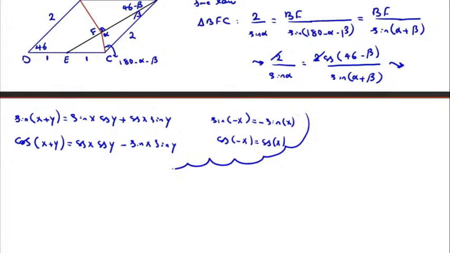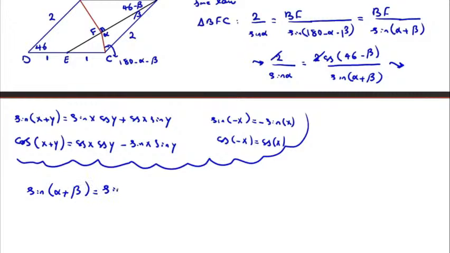It will be sine alpha plus beta equals sine alpha times cos 46 minus beta. Now, let's use the rules I told you.